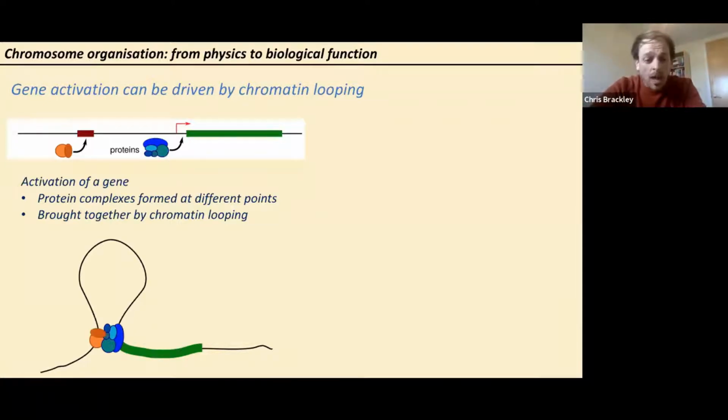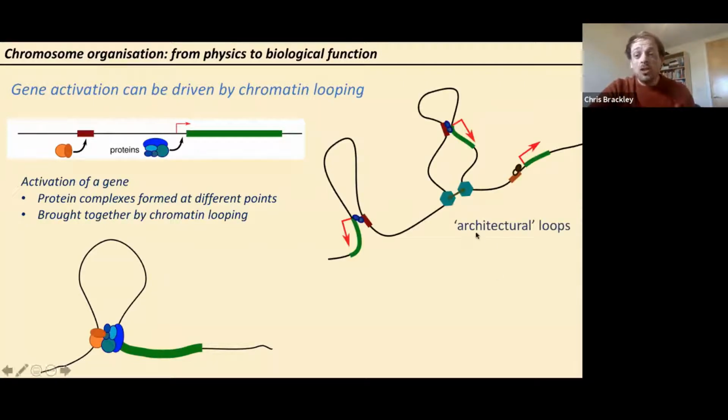So as well as loops which may directly drive activation of transcription, we think that there are also other kinds of loops which you could call architectural or structural loops. These might be loops between proteins bound to the chromatin, which instead of directly driving transcription of a gene, maybe they just bias particular interactions.